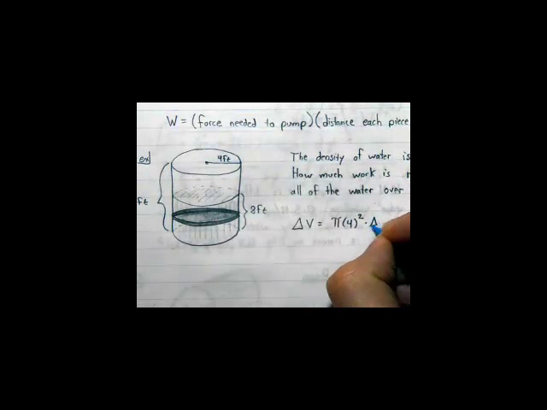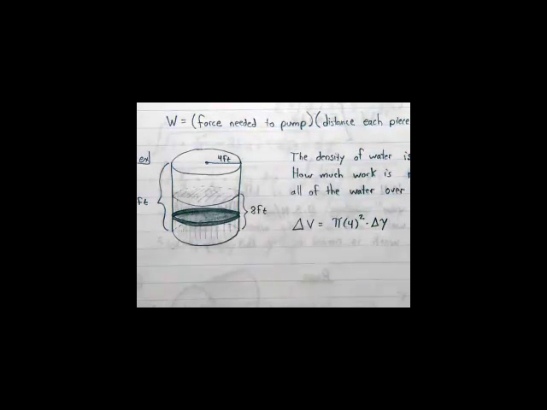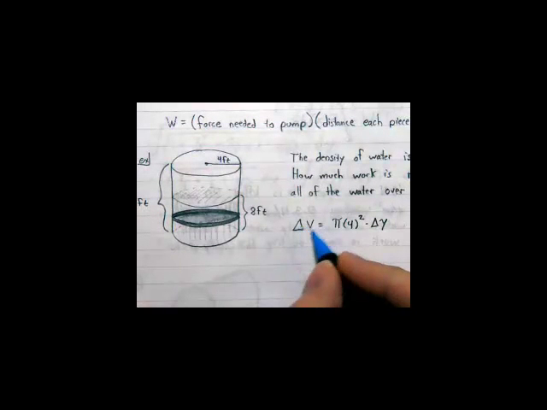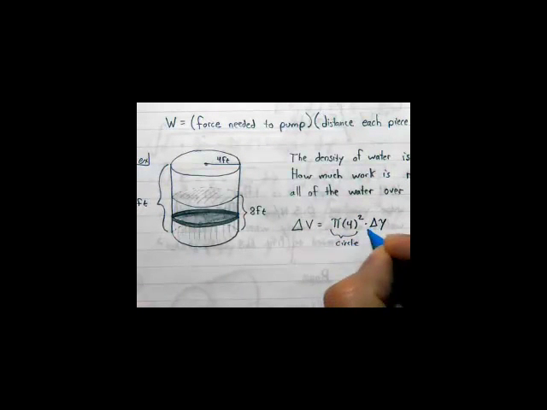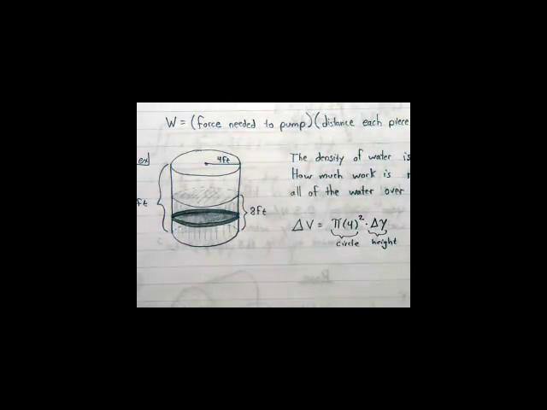Well, because they're infinitely thin, we have to go with delta y instead of just y. So the change in volume is pi r squared, the area of the circle, and then delta y, which is the height of each one of those little slabs. Okay? And each one of these little delta V's is what we want to pump out of this thing.